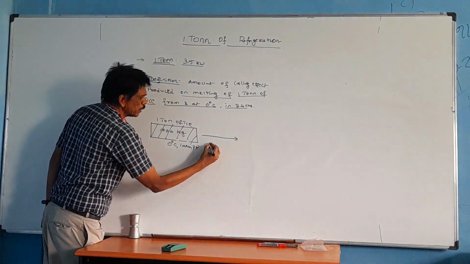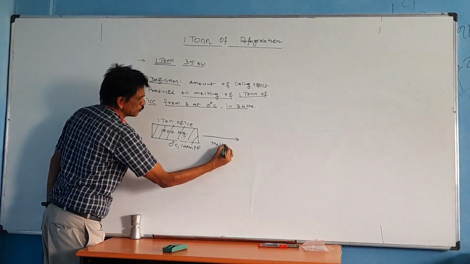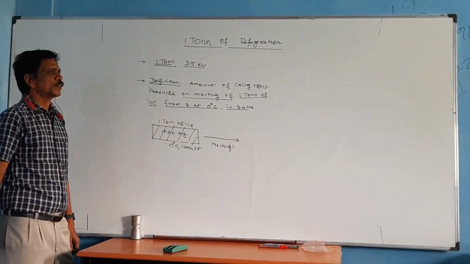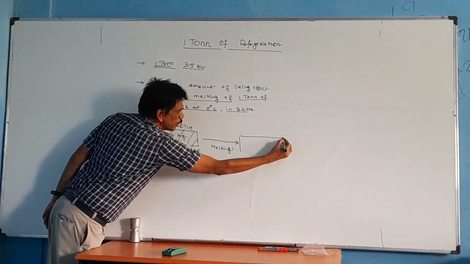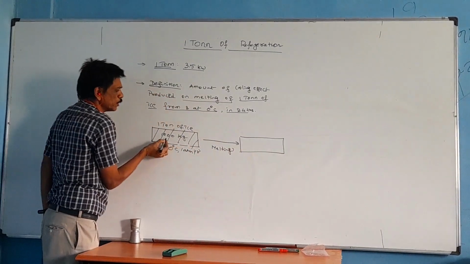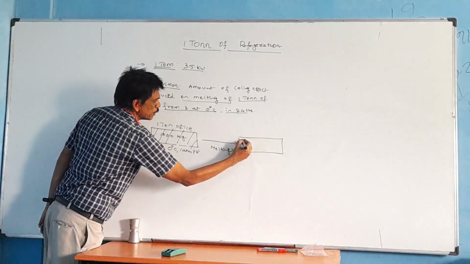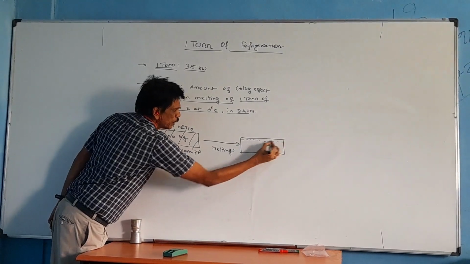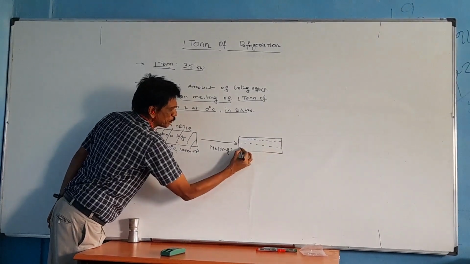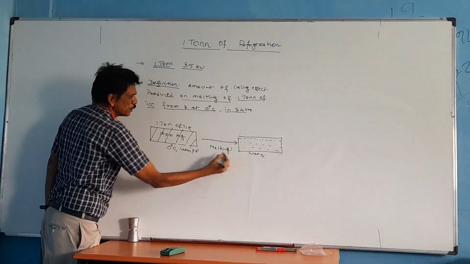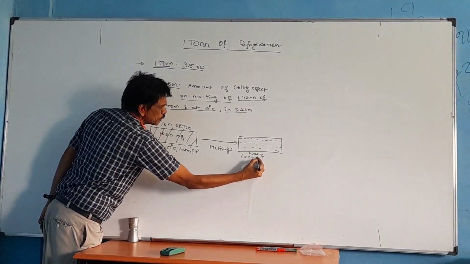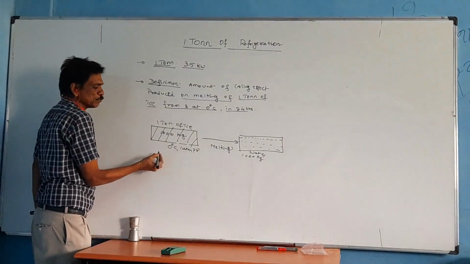This ice undergoes melting. If ice melts, it is converted into water. So 1000 kgs of ice will become 1000 kgs of water.